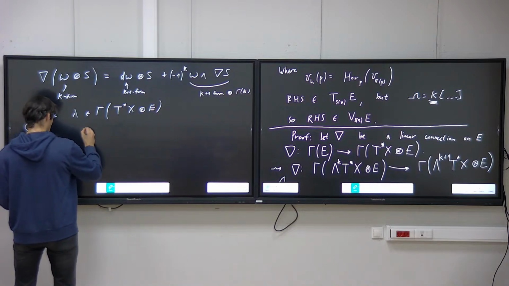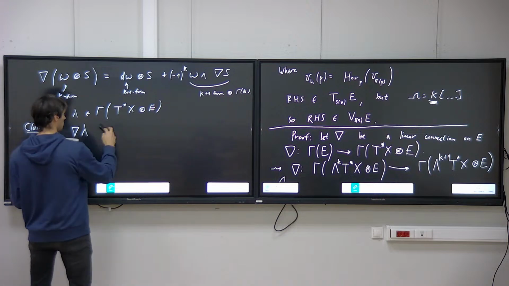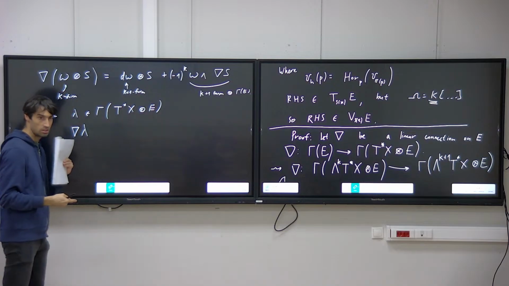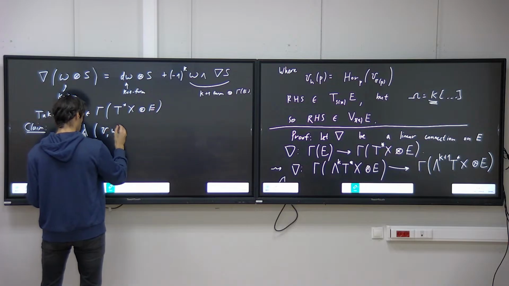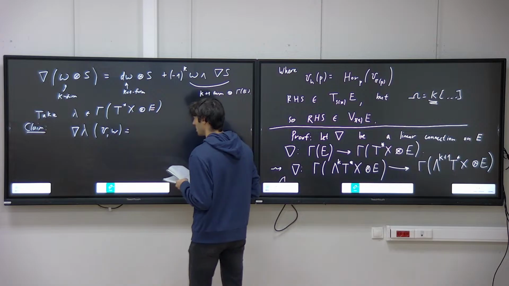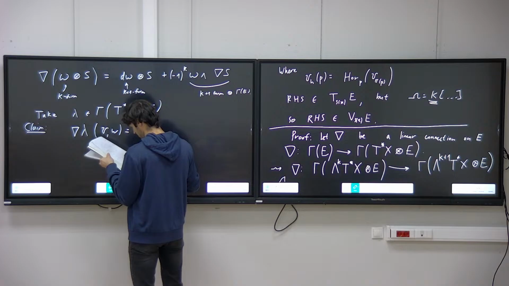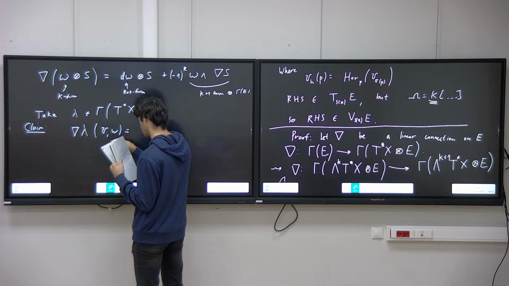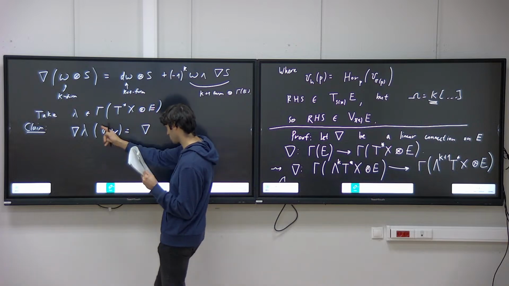So if I take lambda, apply nabla to it, this will be a two form valued in E, right? So it is two vector fields V, W. Then this will be nabla V. So it is two vectors, and therefore this gives me a section in E. So this is valued already.